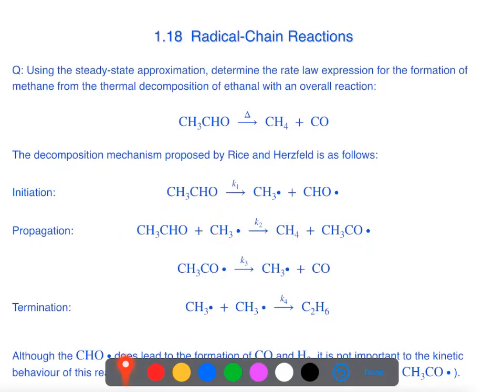A second propagation step is the reaction of that chain carrier, that CH3CO radical, dissociating to give you yet another methyl radical and carbon monoxide. And one of the more prominent, important termination steps in this mechanism is the recombination of two methyl radicals to give you a molecule of ethane. So these are the four main elementary steps in this radical chain reaction mechanism.